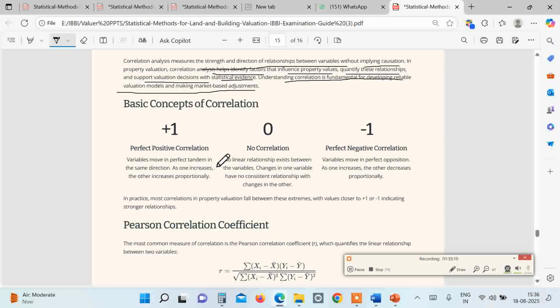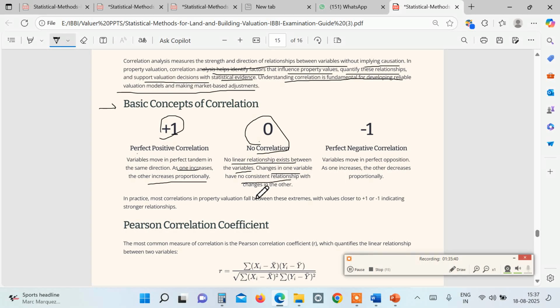Basic concepts of correlation. If the variables move in perfect tandem in the same direction, we say correlation is positive one. As one increases, the other also increases proportionately. If no linear relationship exists between two variables, then the correlation will be zero, meaning changes in one variable have no consistent relationship with the changes in the other.